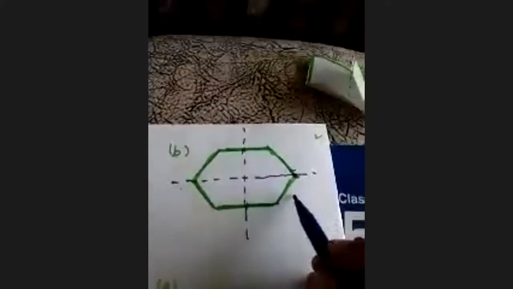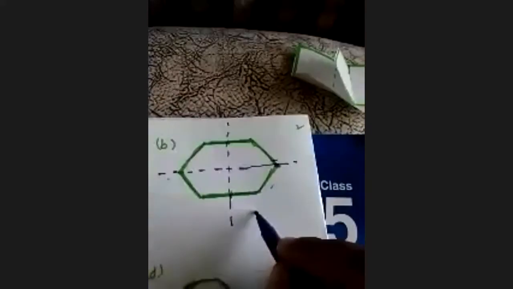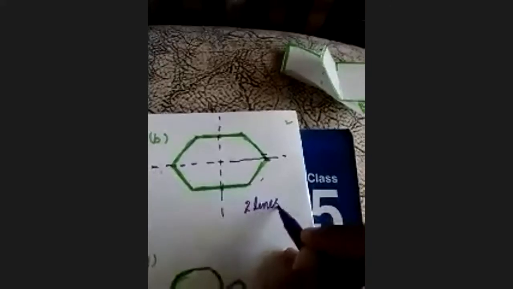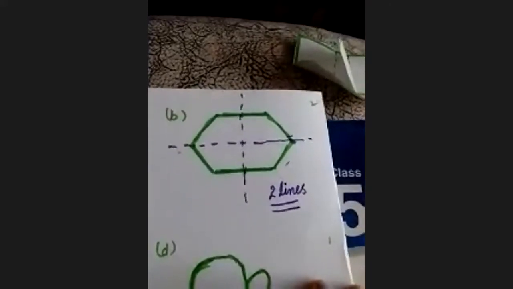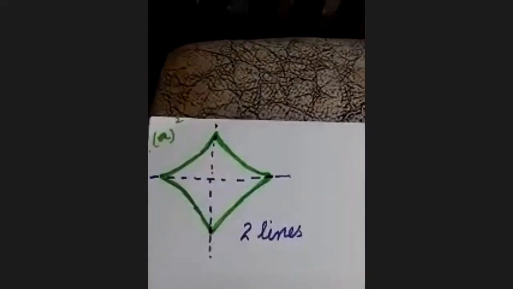Second is, so this figure also has two lines of symmetry. Two lines. Students, draw these lines of symmetry in your book.